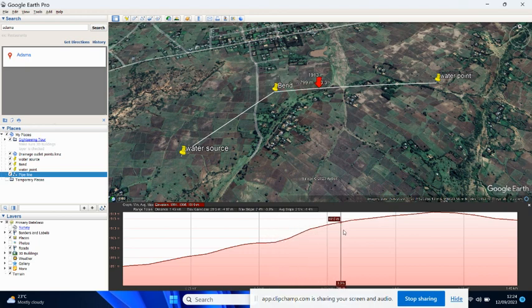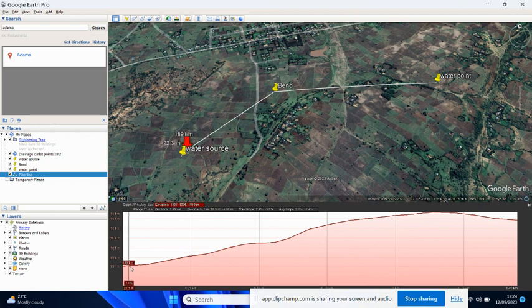When you go to the water point, there's a big peak which is greater than the source here, greater than the water source and greater than the settlement point or water point.